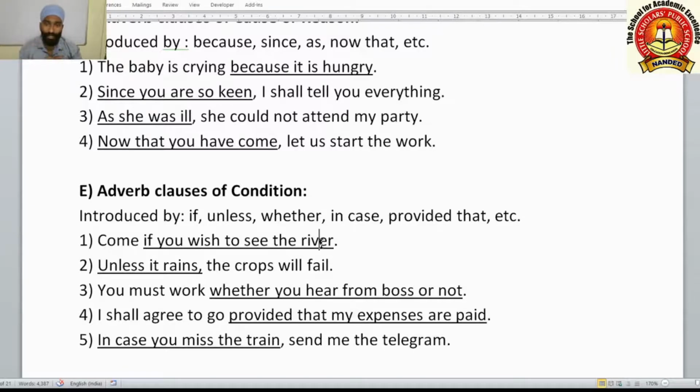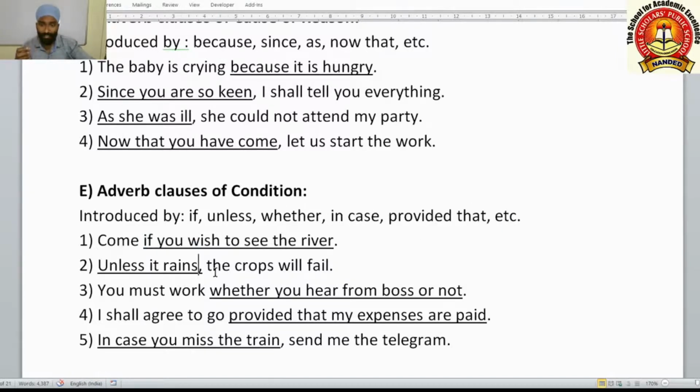So if and unless make subordinate adverb clauses of condition. Now, come if you wish to see the river, these two things are there. The speaker is telling the listener to come, and the condition is that if you wish to see the river, you have to come. This is the condition. So they start with if, unless, whether, in case, provided that, etc.